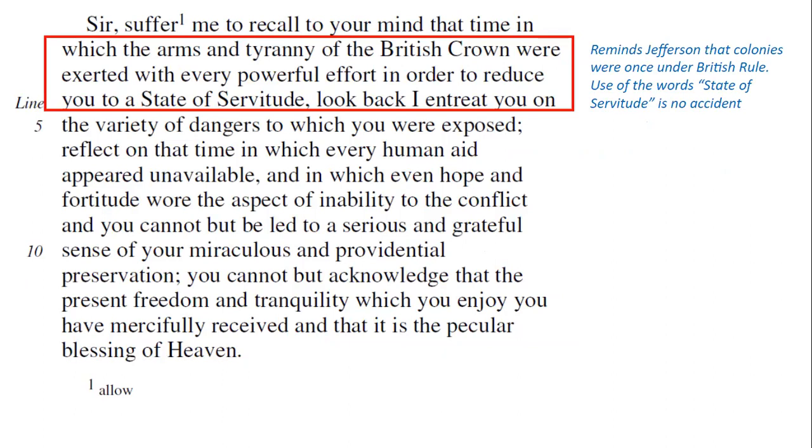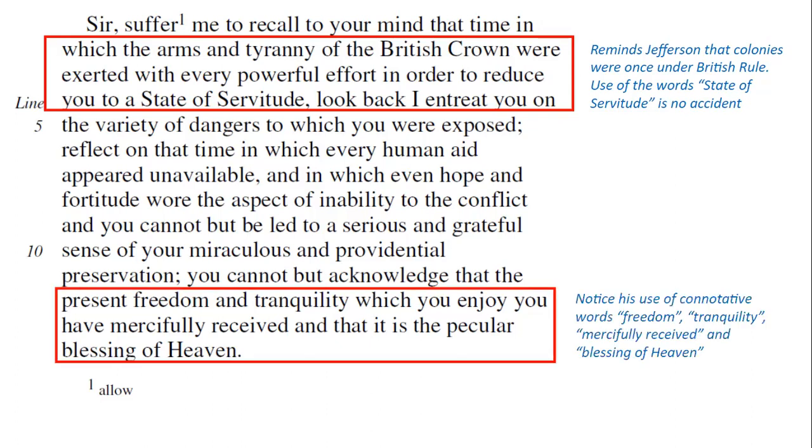He's saying, hey, Thomas Jefferson, remember when British were ruling the colonies? And he even uses the word state of servitude, and that is no accident. Down at the bottom, lines 12 through 15, notice his use of these connotative words: freedom, tranquility, mercifully received, blessing of heaven. These are all very, very positive connotative words.